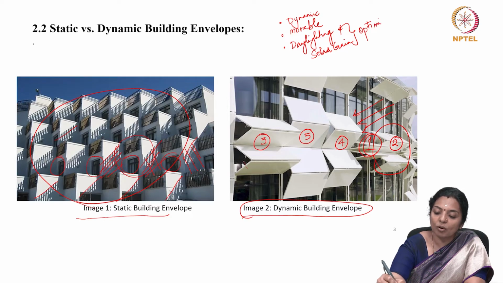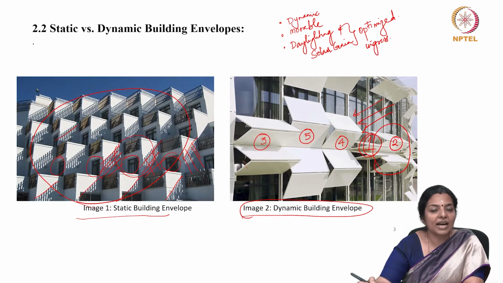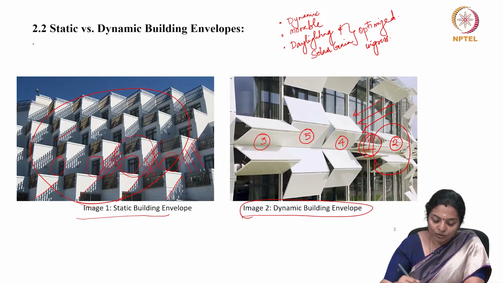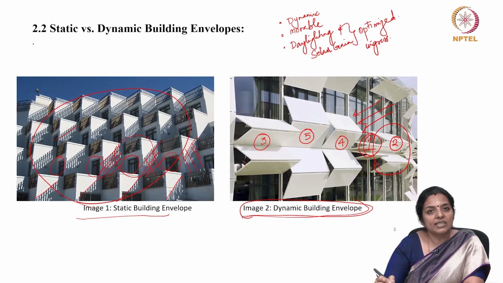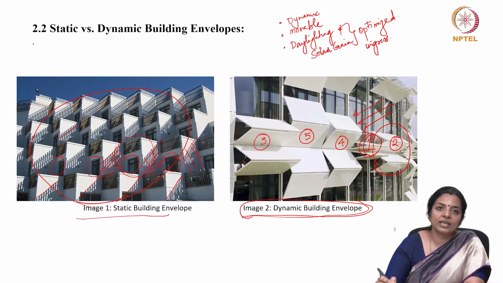So you have optimized ingress of solar radiation and daylight. So this is a dynamic building envelope, and we will see a little bit about it in our next 4 classes, including this one.